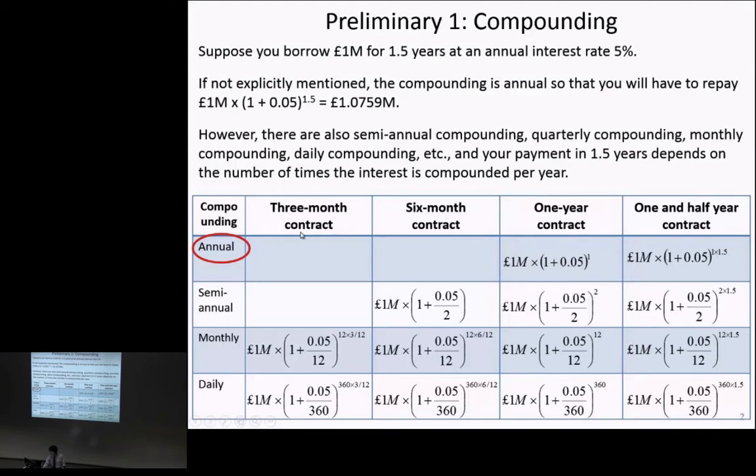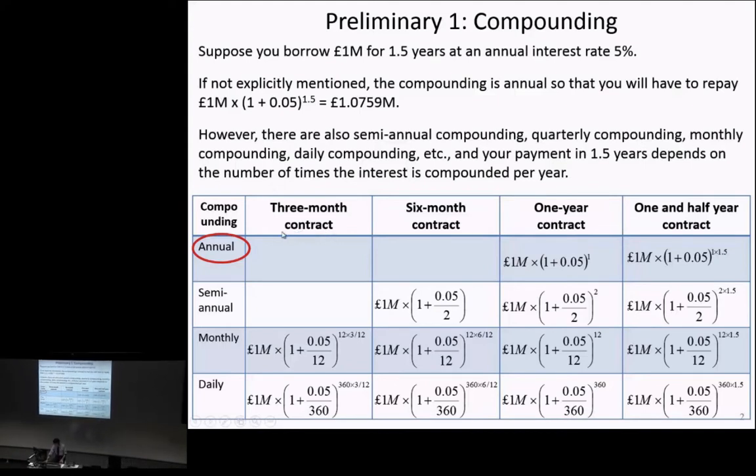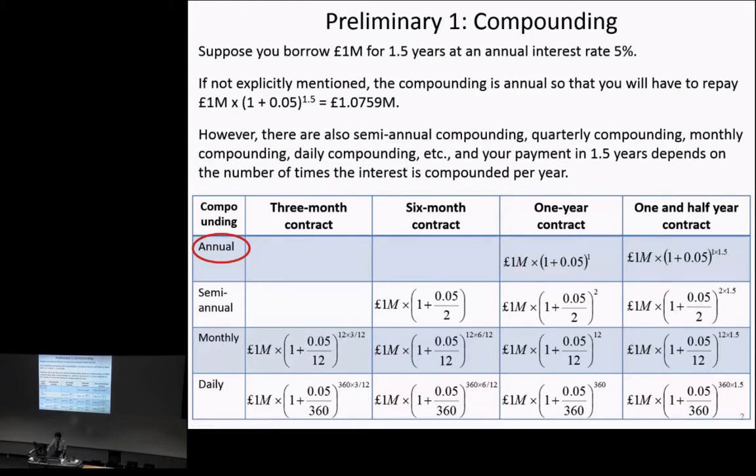If the lending and borrowing period is 3 months long, then with monthly compounding, after 3 months you should repay 1 million times 1 plus 5% divided by 12, to the power 3, because the compounding happens 3 times in 3 months.